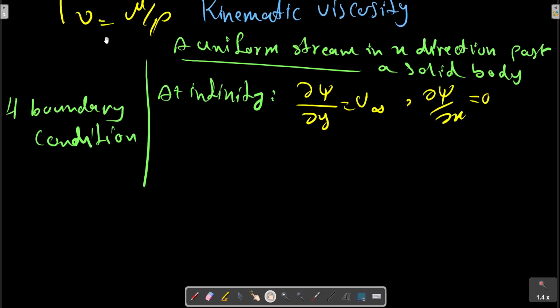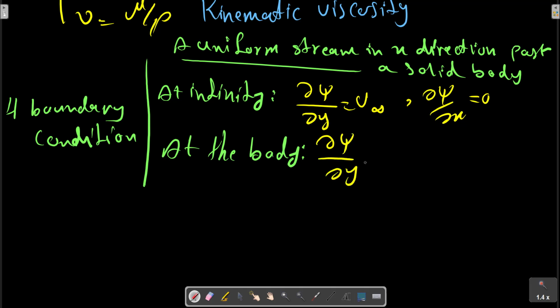At the body, the conditions equal 0. Many examples of numerical solution of the curl of momentum equation and the boundary conditions can be found in various references in the literature.